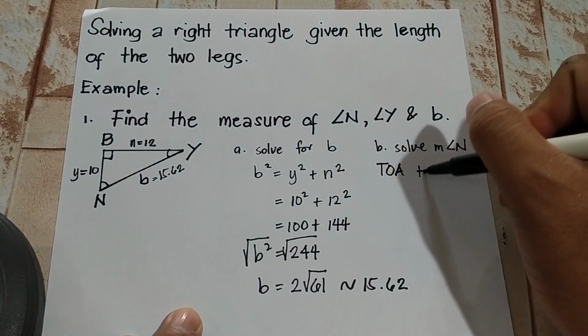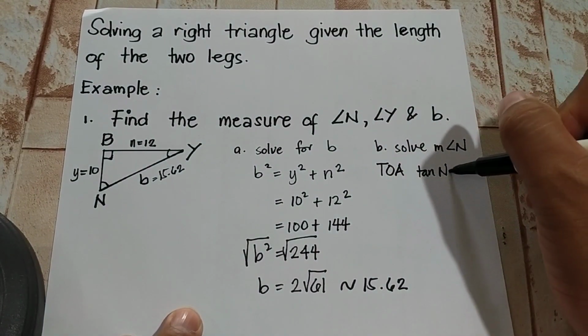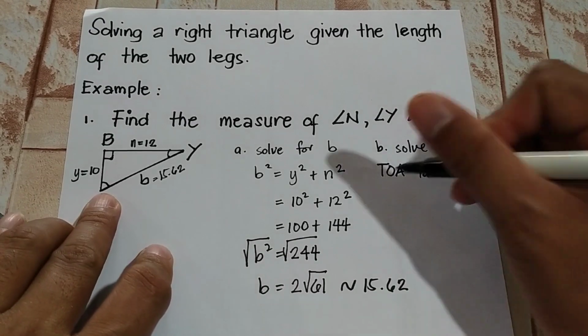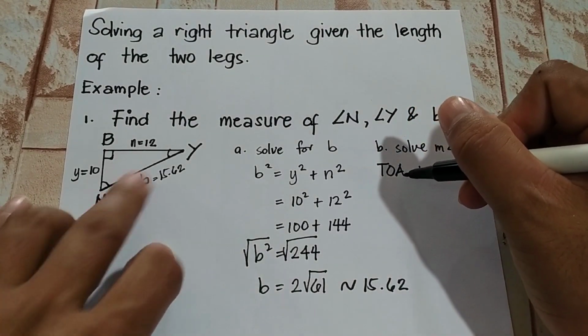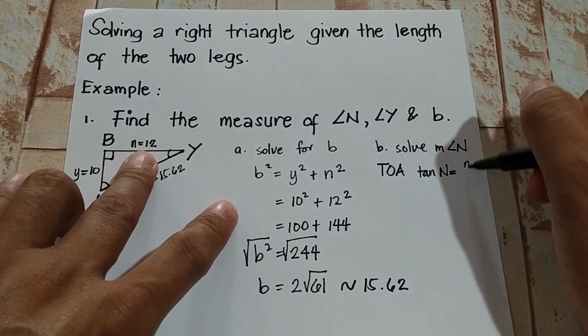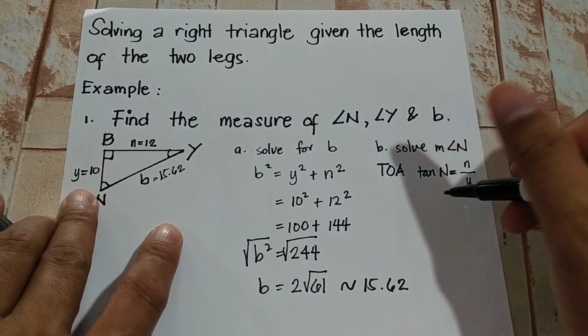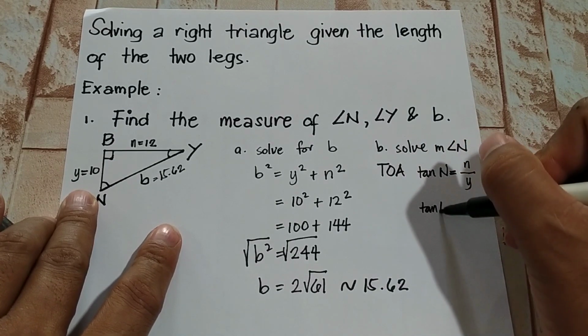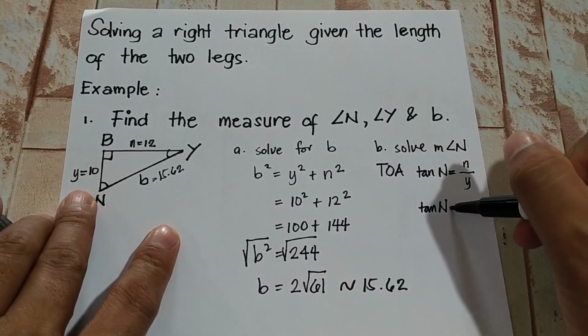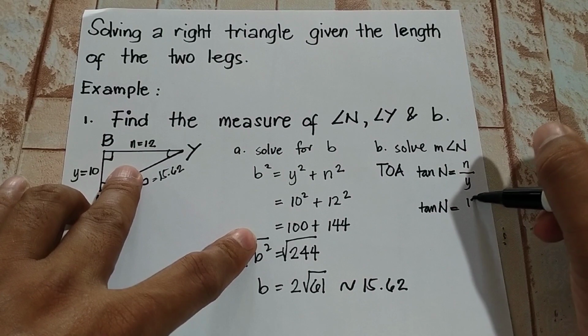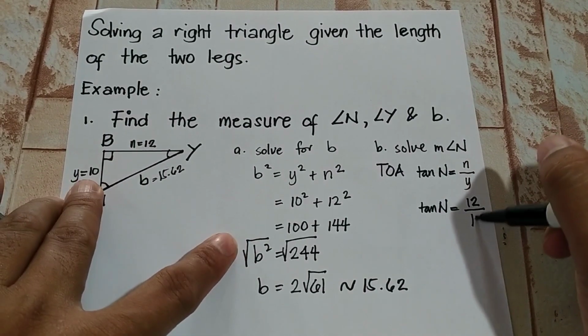Make use of tangent. Tangent N is equal to opposite over adjacent. What is the opposite? That is represented by N over the adjacent represented by Y. As we substitute, tangent N is equal to 12 over 10.